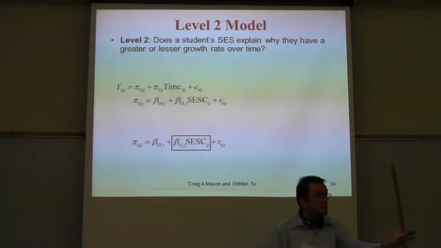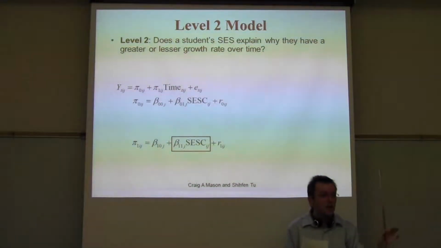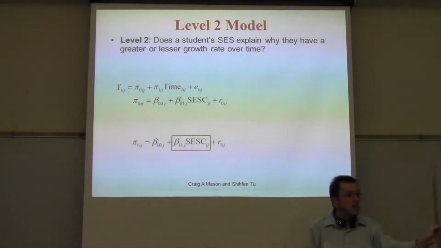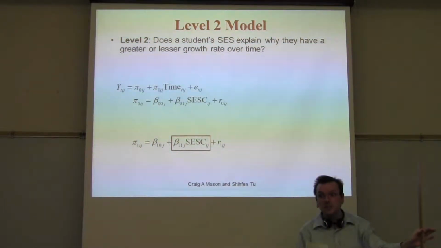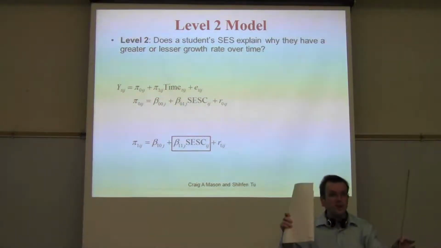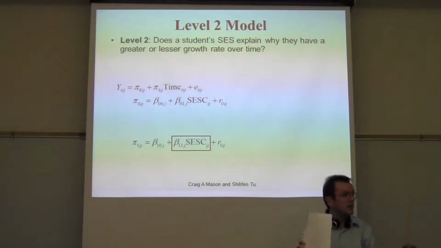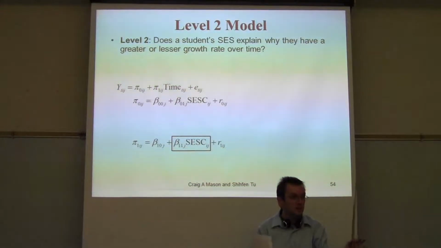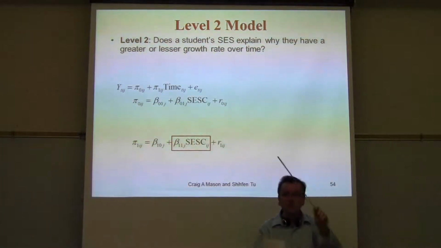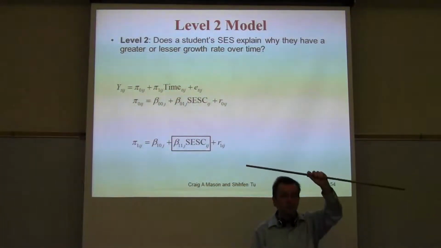So the beauty of this is now you're able to say that for some schools, SES may be a big deal. And you actually see this. There's a whole line of research looking at this sort of equity issue. In some schools, being poor really hurts, and you see this huge SES differential.